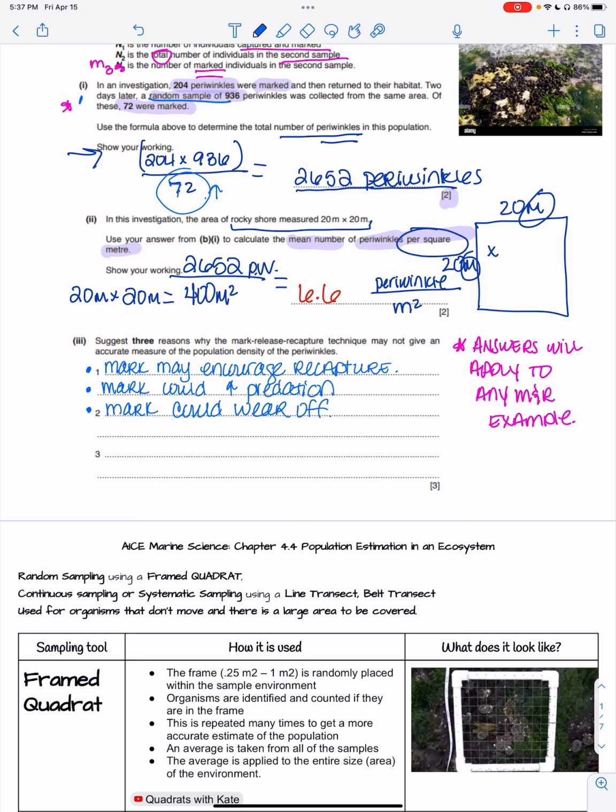Then this number, the 72, the amount marked in the second sample, the M3, could actually seem like it's lower than it actually is because the mark wore off. And now if we're dividing by a lower number, it will increase the population size. And so that could cause the numbers to fluctuate.